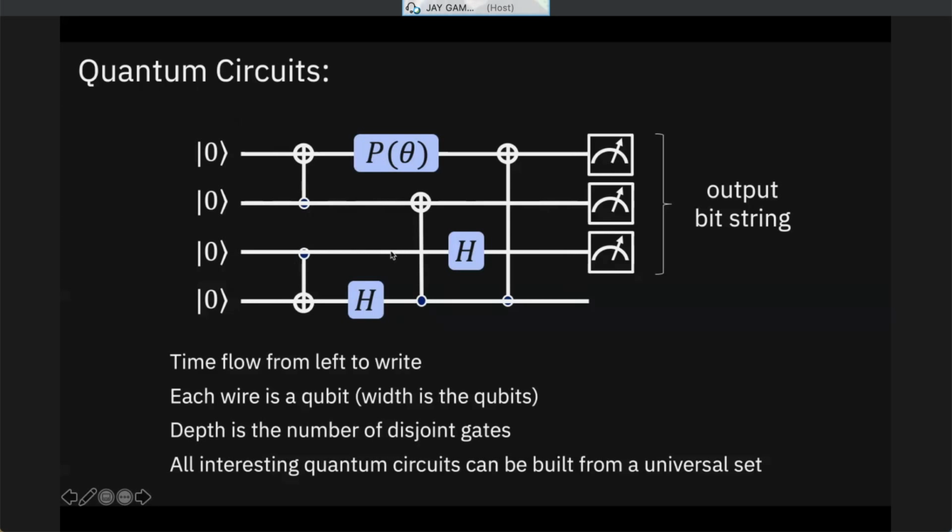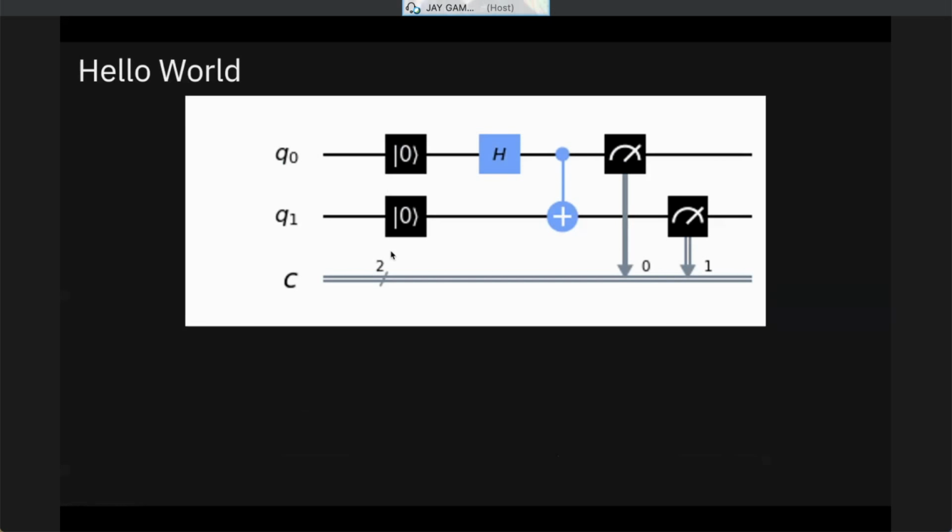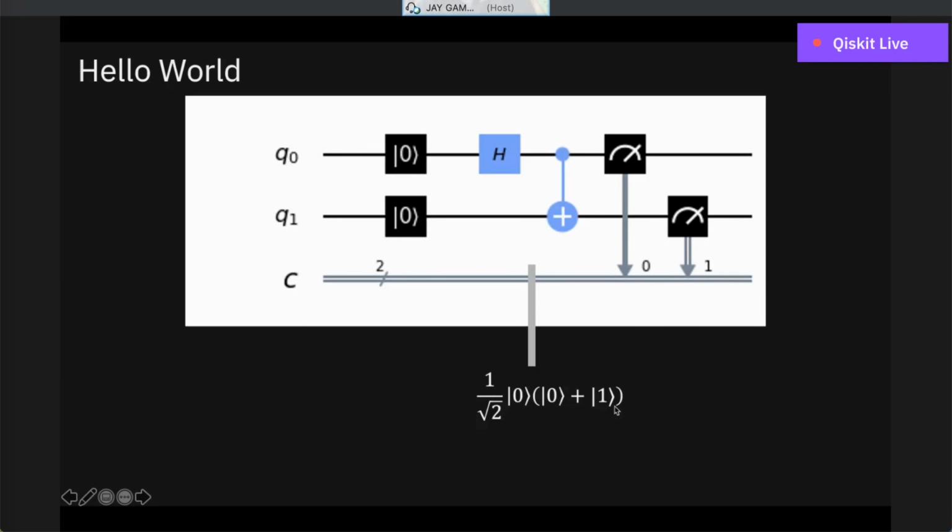I'm not going to go into this in this talk, but just say a quantum circuit is a way of laying this down. So let's just go through an example of a hello world program and show how we can make entanglement. Imagine you have first this quantum circuit where you initialize the first qubit in 0 and the second qubit in 0. And if you apply the Hadamard, you create this superposition as I talked about before. So now you have 0, 0 and 0 plus 1.